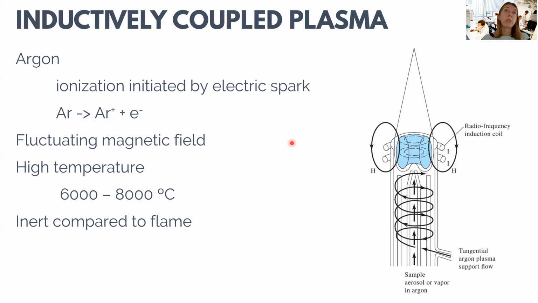Another important factor is that in this inductively coupled plasma, we always have a high concentration of electrons present, which means that if we have elements that we want to determine and which are likely to ionize, then we can assume that the ionization to excitation to ground state atoms is relatively stable because the concentration of electrons in the plasma is very stable. This is of less of a problem than in the case of flame.